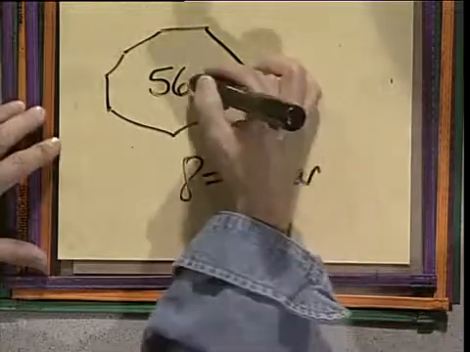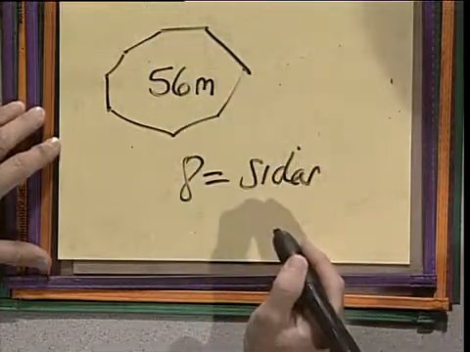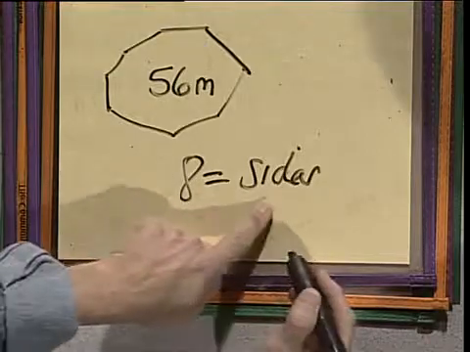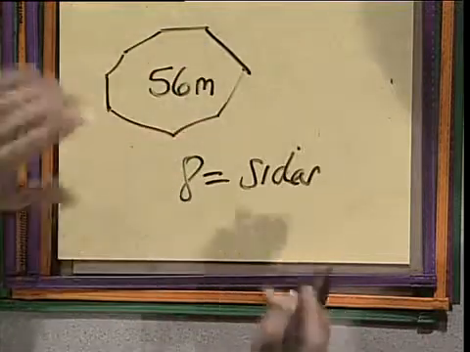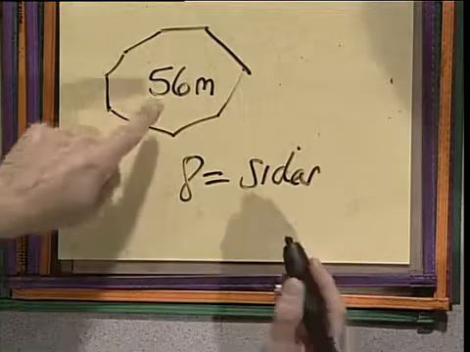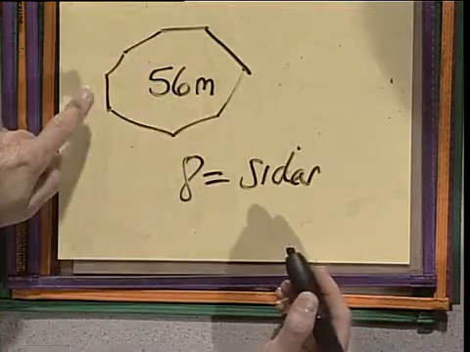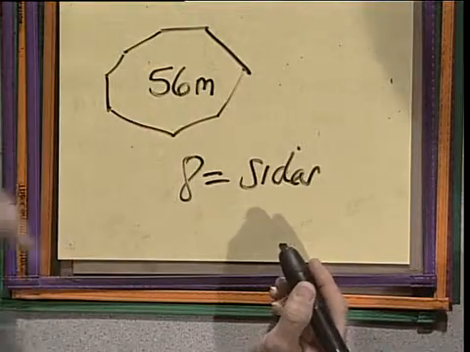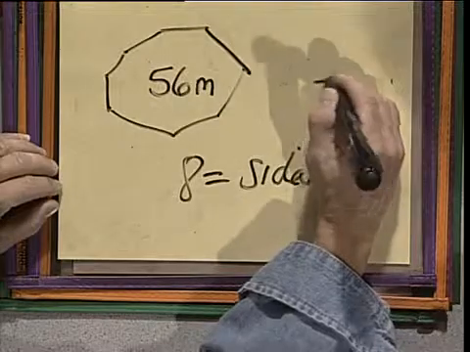So meters. Okay, you did say meters, so I'm going to put an M there. That represents meters. So if we have 8 equal sides, and I know my figure isn't exactly to scale, but if all of them are 56 total, and there's 8 of them, how can I find out what each side equals?